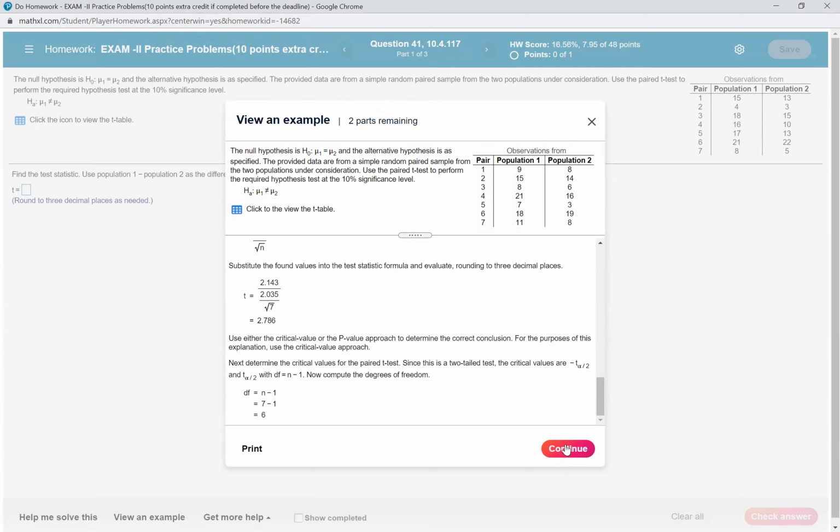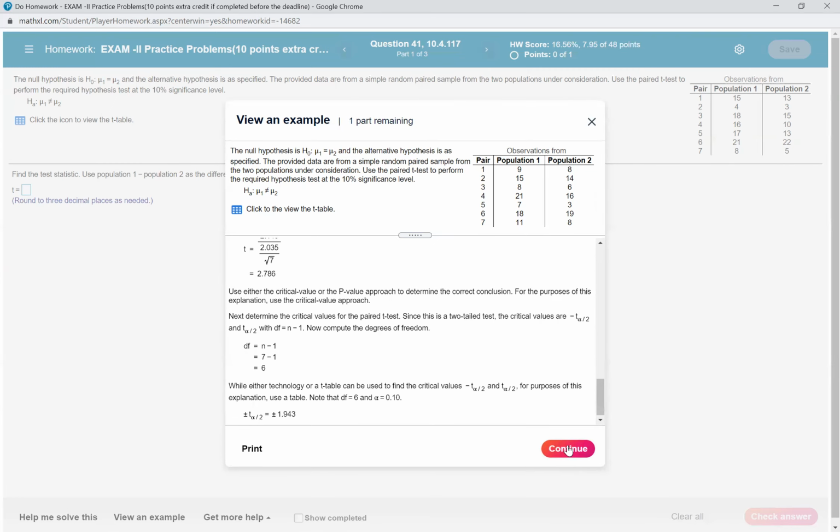Then they found the critical value. Degrees of freedom is n minus 1, which is 7 minus 1, that means 6. And you have the alpha value, so you can easily find the critical value, plus or minus t alpha over 2. They found plus or minus 1.943, and the test statistic is 2.786.